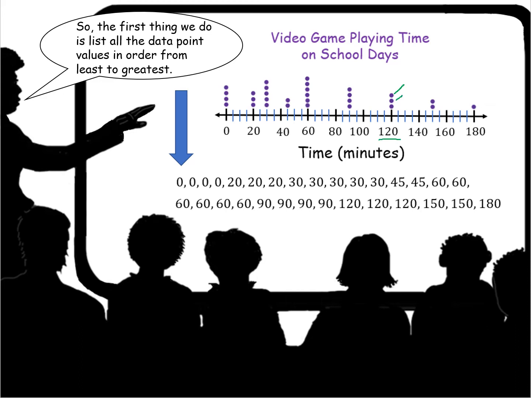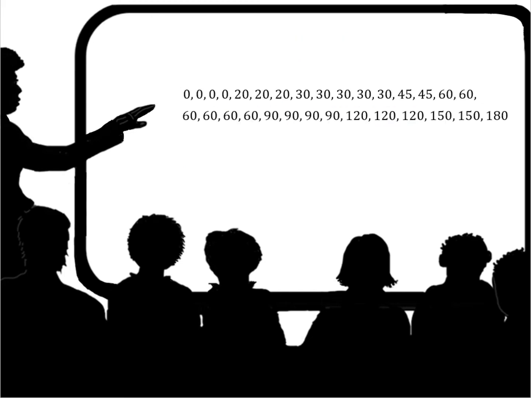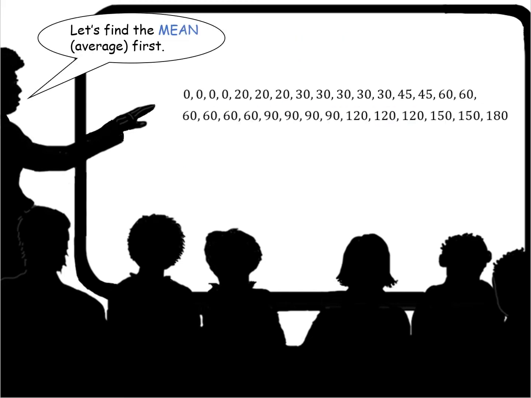This one is 120. This one's value is 90. This is 90. This value is 60. So here we have our values in order from least to greatest.